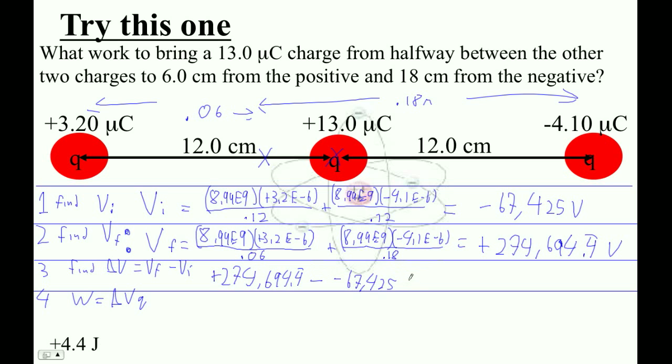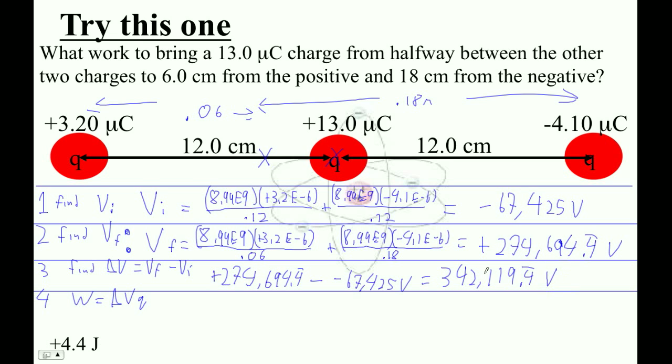We're actually subtracting a negative, right? Okay, so I'm going to go minus A, just for fun. And of course I get that the change in voltage is tremendous. It's 342,119.4 volts.